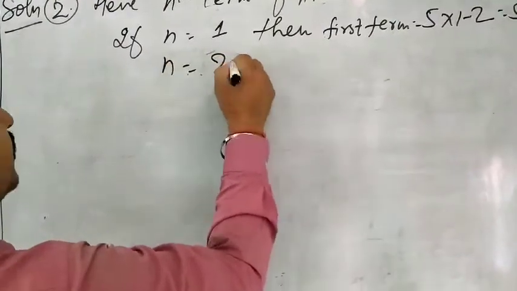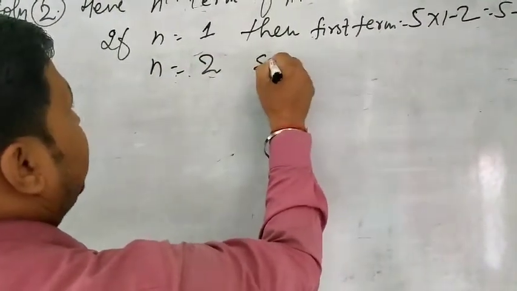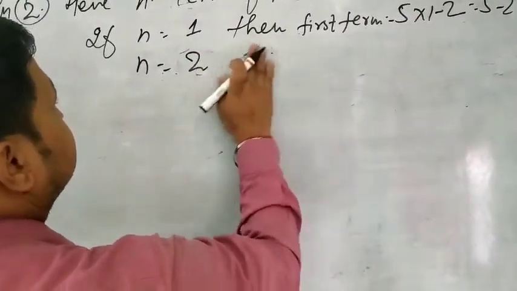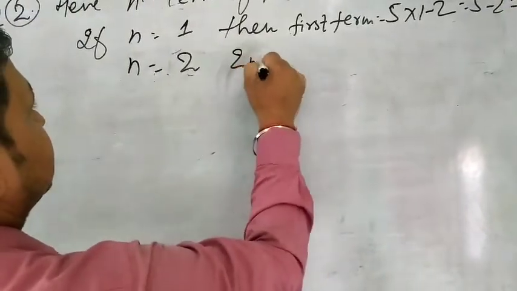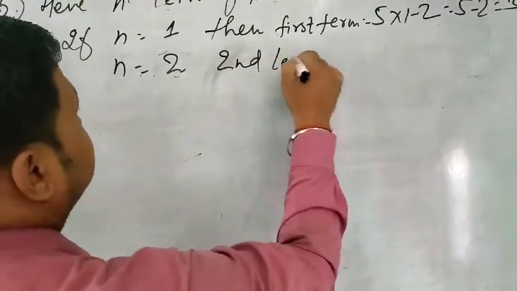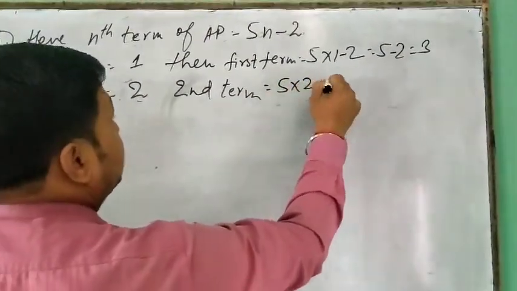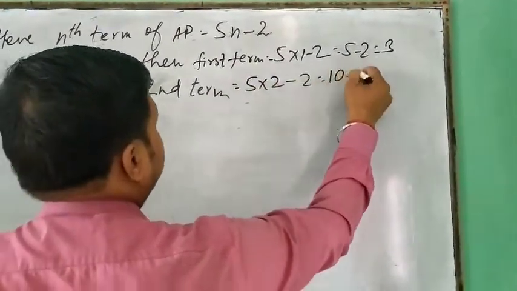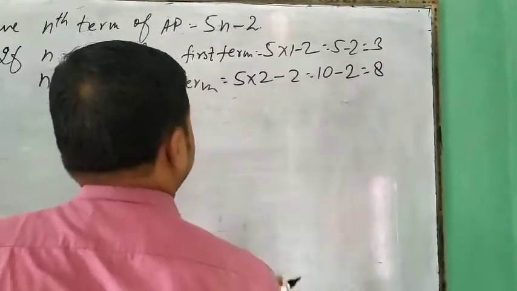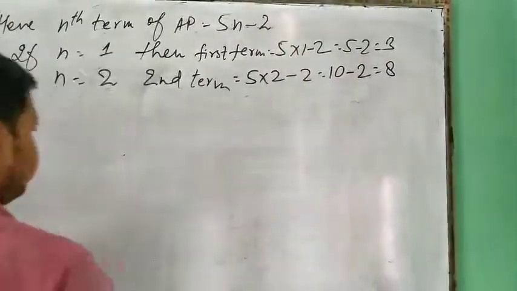N equal to 2, second term equal to 5 into 2 minus 2, that means 10 minus 2, you got 8.